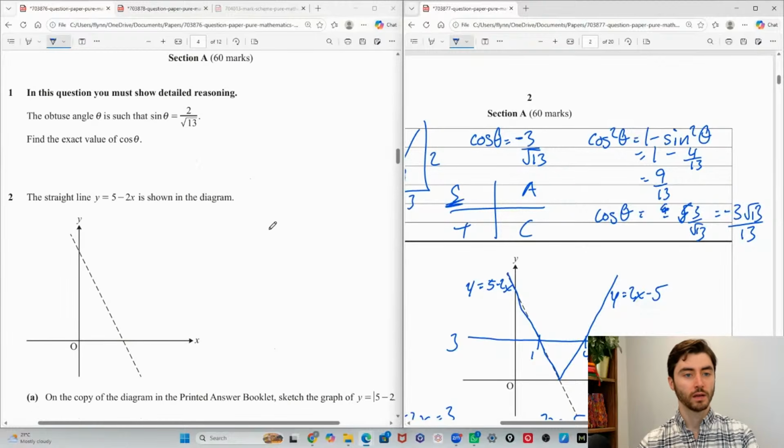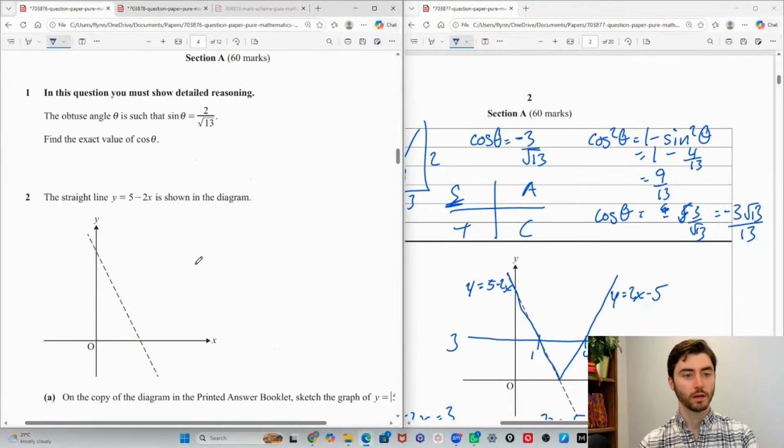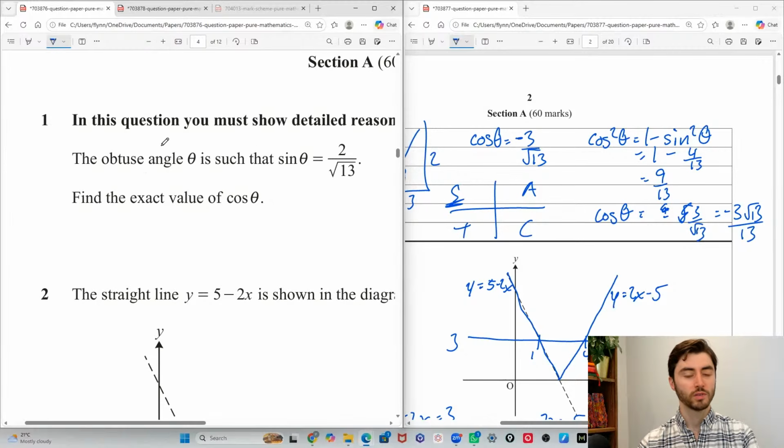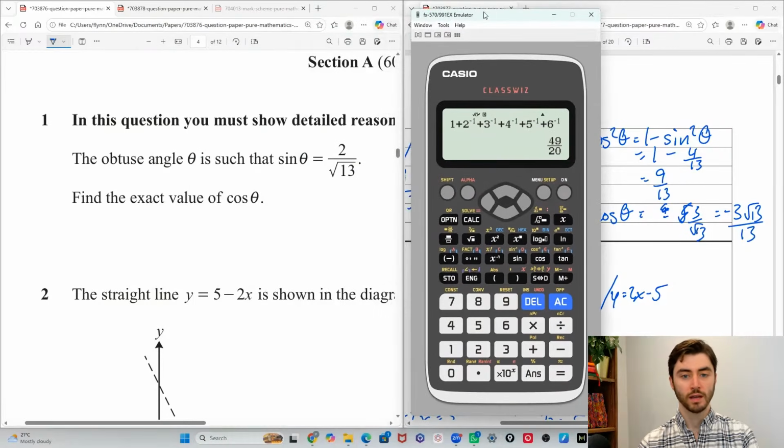So here, this should be nice and simple. What we can do is just to solve it. So inverse sine of 2 over root 13 gives a value, but I want the obtuse angle, so I want to do 180 minus that. And I want to find cos of that, in which case that should be equal to this thing.